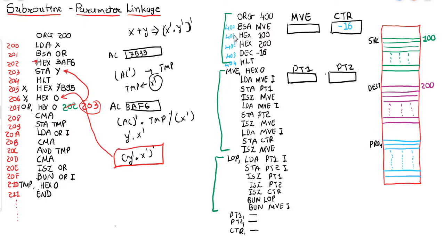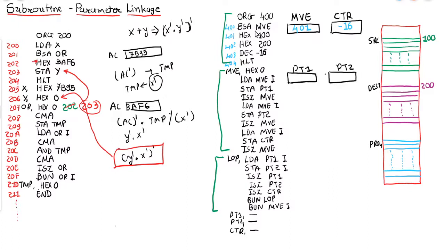The return address will be 401, and that will be stored into MVE. Why? Because while this instruction is being executed, the program counter points to the next location. So the current value of the program counter will be stored on the first memory location of the subroutine.